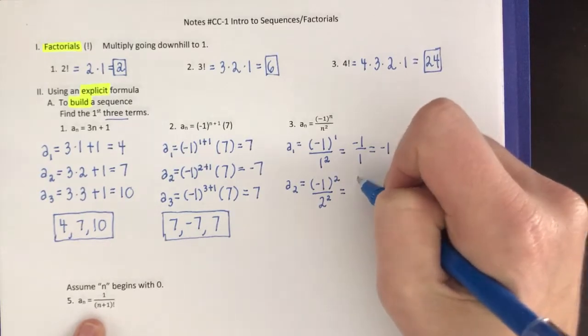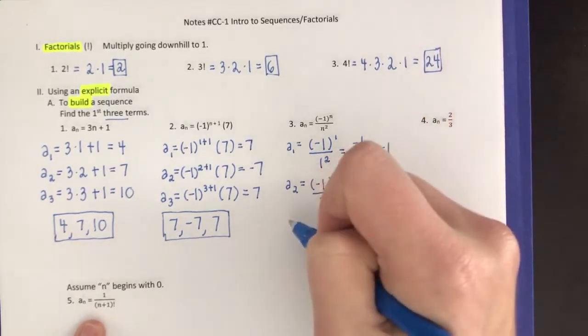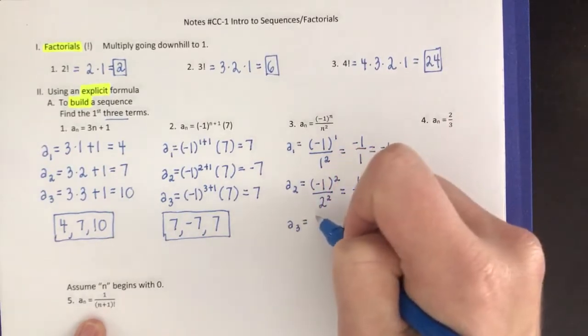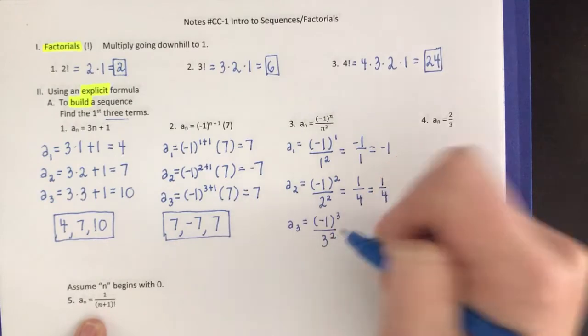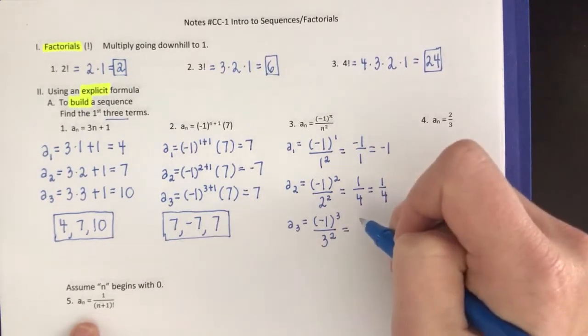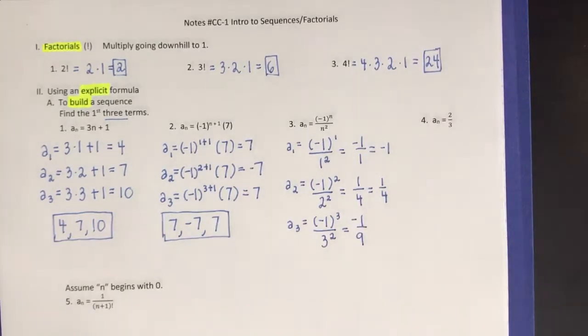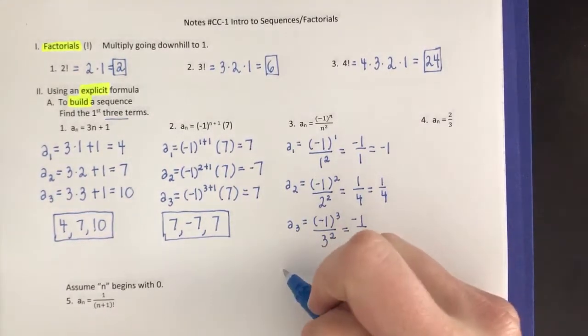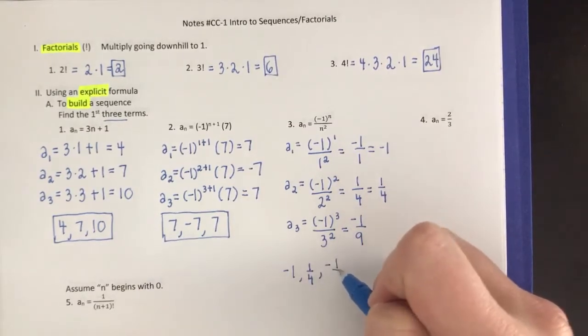So this is going to make a positive 1 over 4, so 1/4. And then a sub 3 is going to be negative 1 to the third over 3 squared, which is going to equal a negative 1 on top over 9, so negative 1/9. Okay, so my first 3 terms are negative 1, 1/4, negative 1/9.